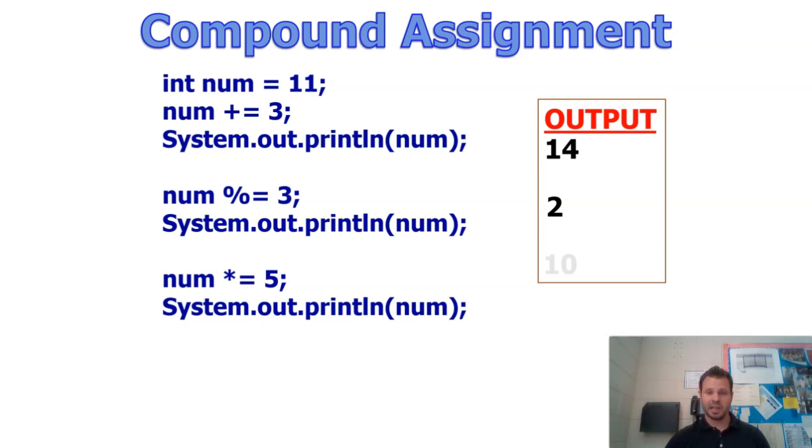Well, 2 times 5 is 10, so I should get the 10 when it's all said and done there. Now, it doesn't matter which way we write things, if we write num gets num times 5, or use the compound operators, both work the same way. Again, this is just a little quicker, a little more efficient to type in.